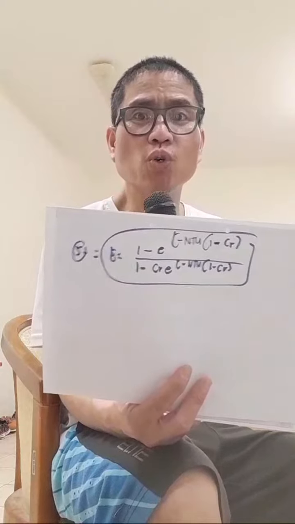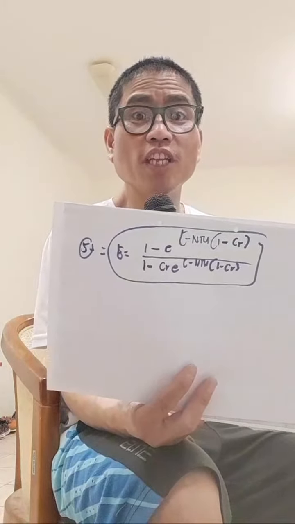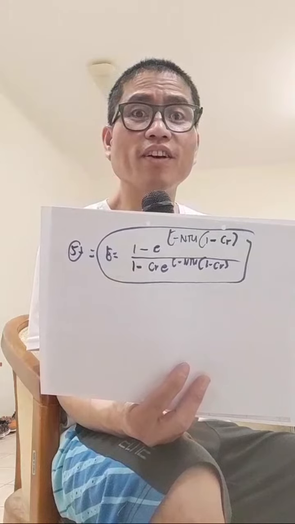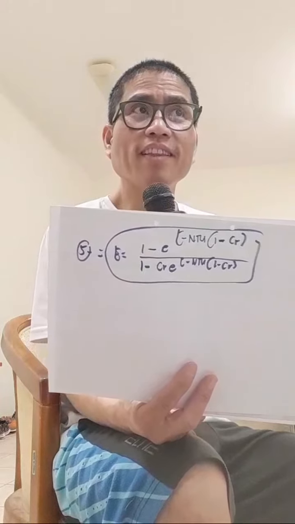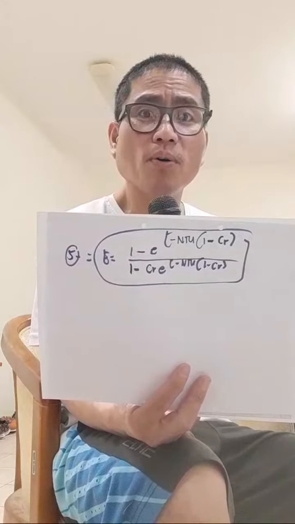The exponential will be raised to a certain thing, and there are only 2 quantities in the exponential form, and it is the same at the top and the bottom. You will understand the orientation, how many quantities, and what is being repeated. So the overall efficiency is 1 minus exponential of negative NTU times 1 minus CR.